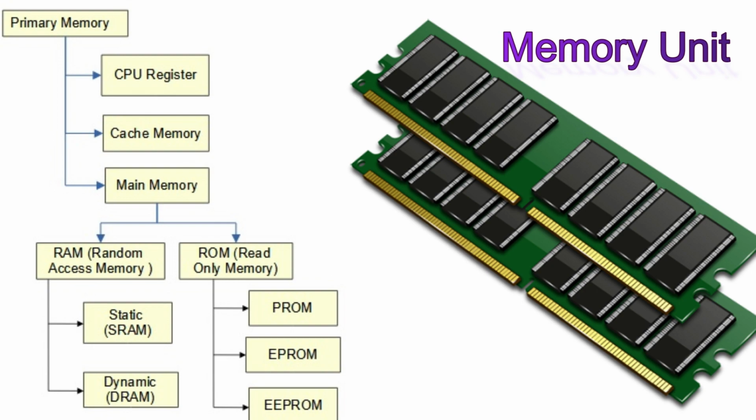That is, when ALU is working on some data and instructions, that data and instructions and the intermediate results, all these things are stored by the main memory or the primary memory, and this memory is not permanent, where we cannot store the data permanently. To store the data permanently, we are using secondary storage devices.